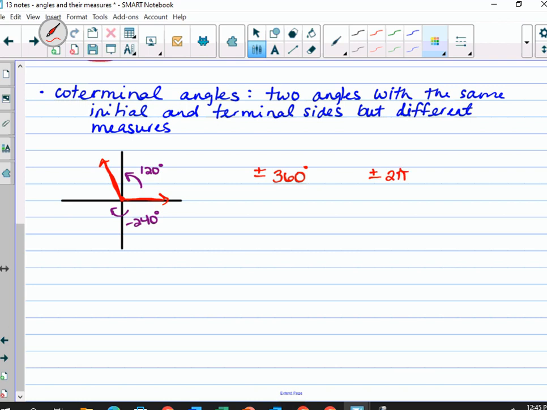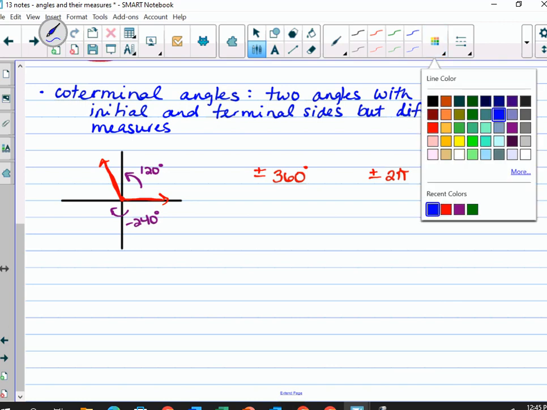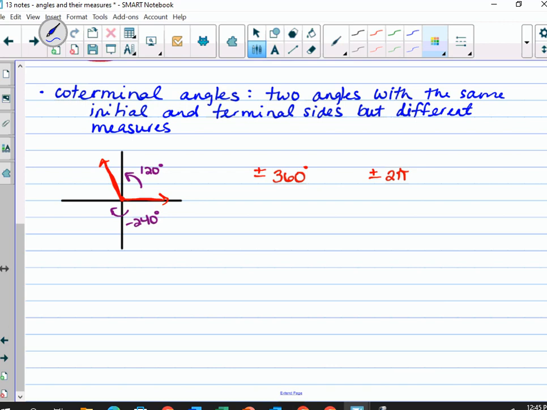So if the question's in degrees to start with, then you give a degree answer. If it's in radians to start with, you give a radian answer. Okay, so let's do a couple of these. Those are your last 4 examples, guys. Well, 1 example with 4 parts.